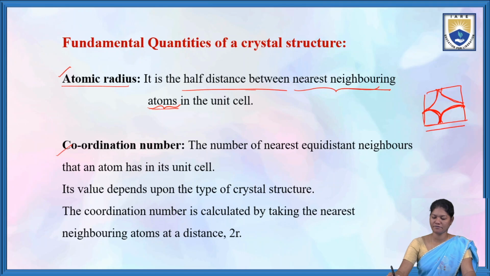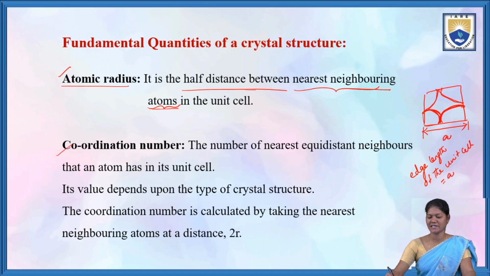If the length is taken as a, we can say it is the edge length of this unit cell. So the edge length of the unit cell is a, and from here to here the length is a.